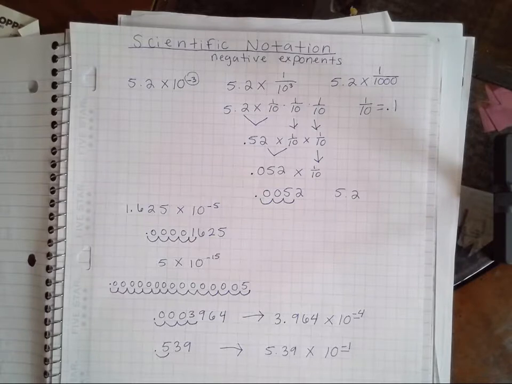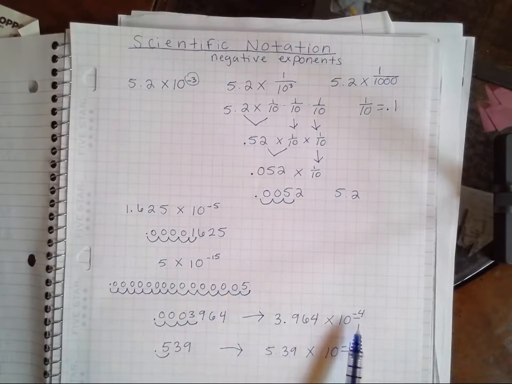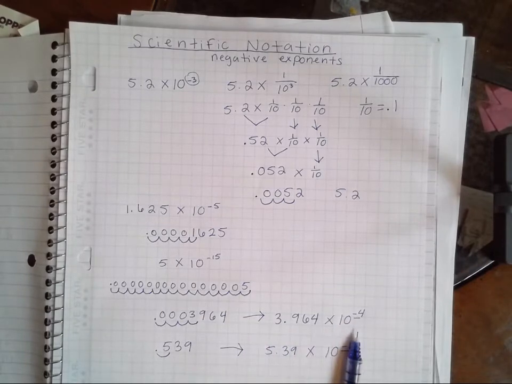Now, I know that sometimes when I was learning this, it was hard for me to figure out which direction to go when I was using these negative and positive exponents. Sometimes I would accidentally go the direction of a negative exponent with a positive exponent, or the other way around. The way that I remember it now is that if you have a small number, then you're going to have a negative exponent. Or if you see a negative in your scientific notation, you know that this number right here is going to be getting smaller.